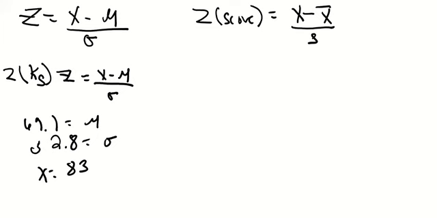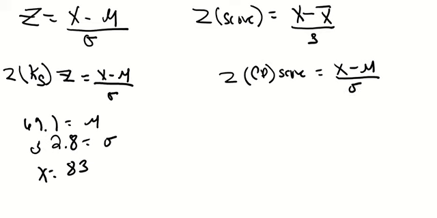Okay, so for Candace Parker, the same thing holds, right? The 63.7 inches is also a population mean. So let's call the z-score for Candace Parker CP, and the same formula holds. It's going to be x minus population mean divided by standard deviation.